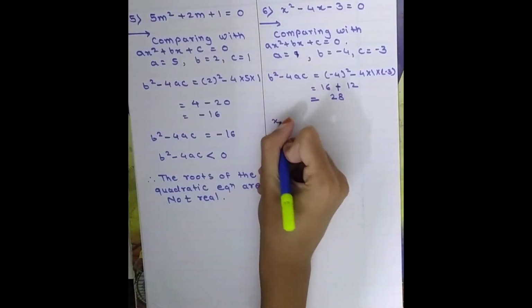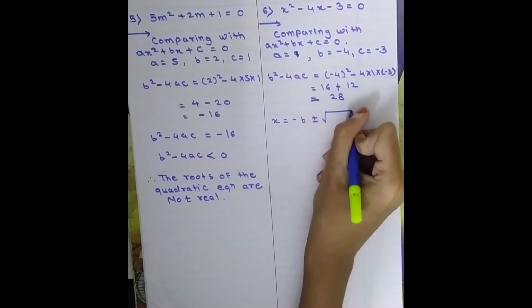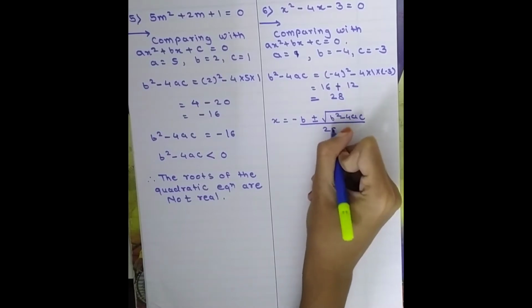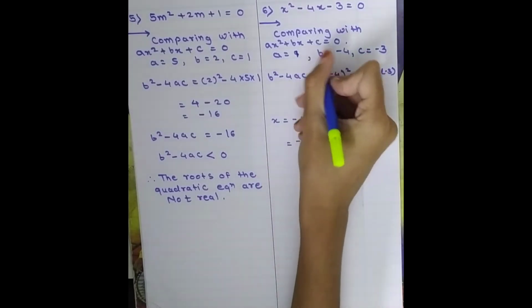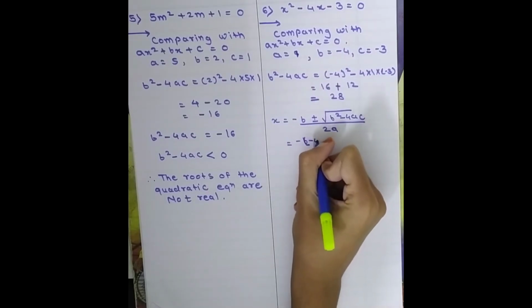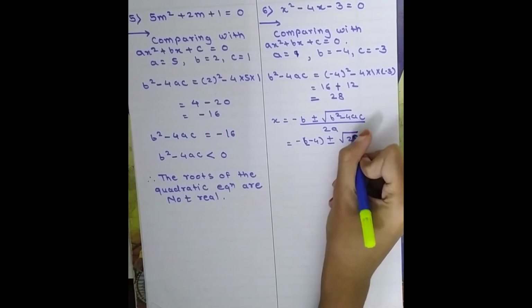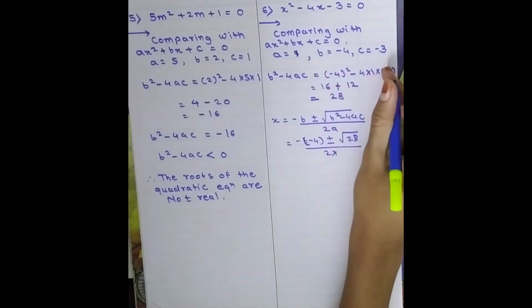Now next find x is equal to minus b plus or minus root of b square minus 4ac upon 2a. Now minus b is what? Minus minus 4, that is 4. So 4 plus or minus root 28 upon 2 multiplied by a is 1.